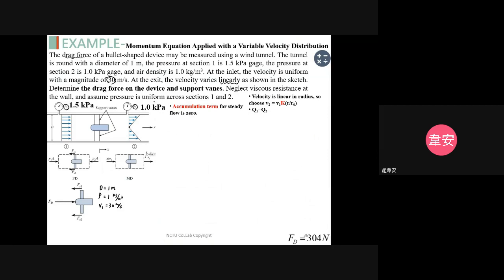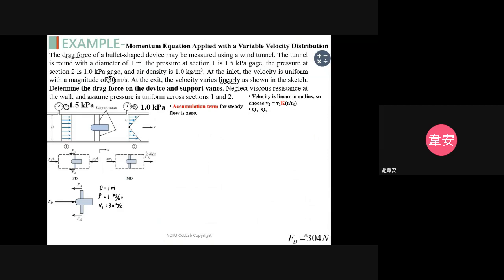Okay, so please determine the drag force on the device and the support bends. And based on this problem, we neglect the viscous resistance at the wall and assume pressure is uniform across sections 1 and 2.